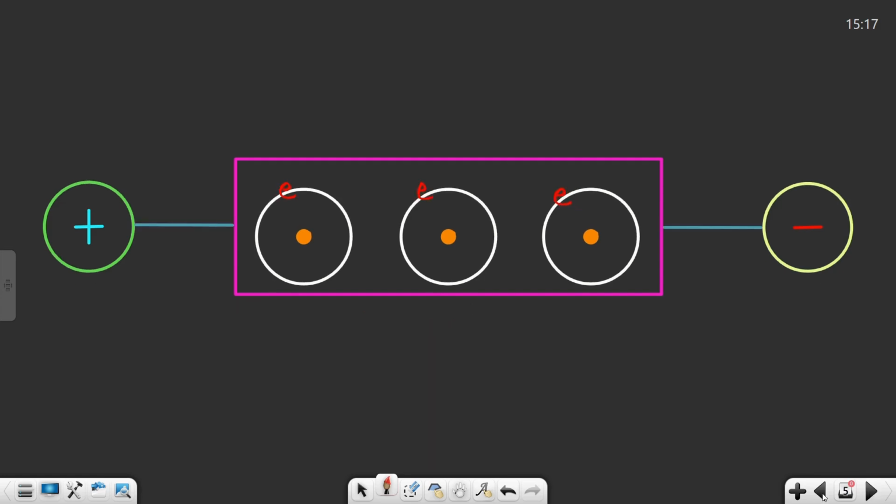Alright, so now what I'm doing is that I have connected this positive charge to the conductor and have also connected this negative charge to the conductor. I hope you are able to understand this. Great. Now what I see is that the moment I connect this highly negative charge to a conductor, the electron present over here in this atom will come out. Why? Due to the repulsion of this particular negative charge.